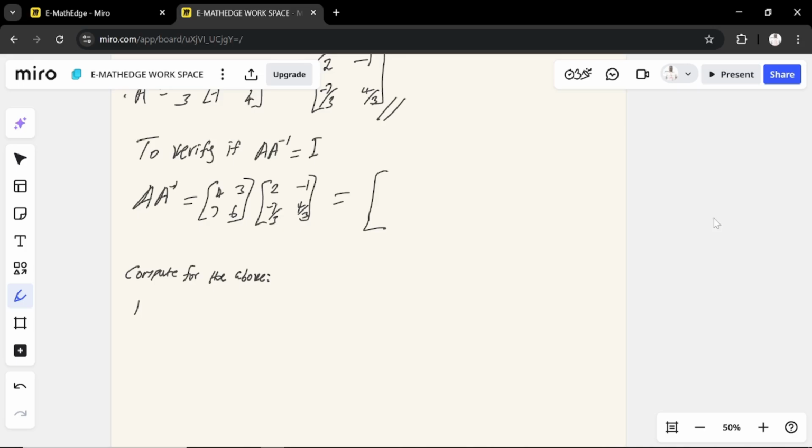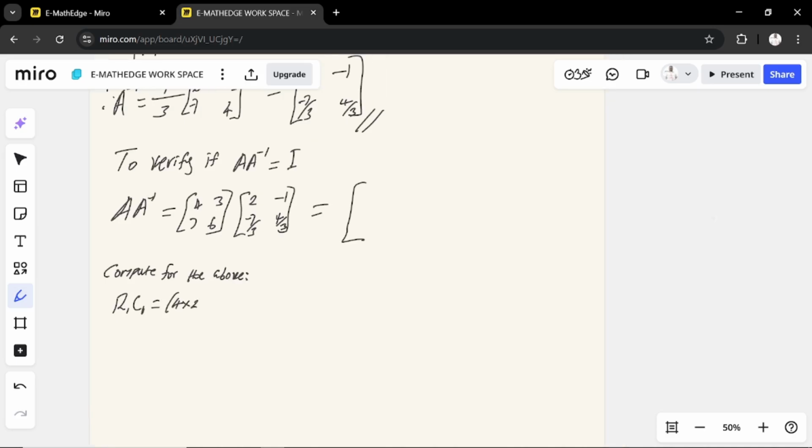Let's compute the element in the first row, first column, that is row 1, column 1, which is this. Remember, we said you are going to multiply the elements in the first row by the first column. So it is going to be 4 multiplied by 2 plus 3 multiplied by minus 7 all over 3, right?